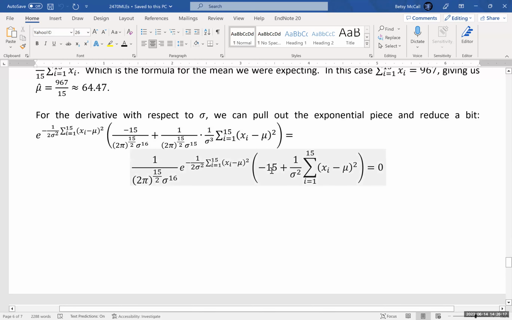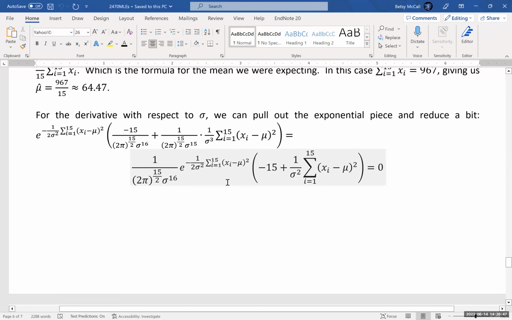And what we leave behind essentially is negative 15. Here we had a sigma to the 15 and a sigma cubed in the denominator. And so we were able to pull out a sigma to the 16, because this is now 18, pull out a 16, leave a sigma squared behind, and we still have our sum of xi minus mu squared.